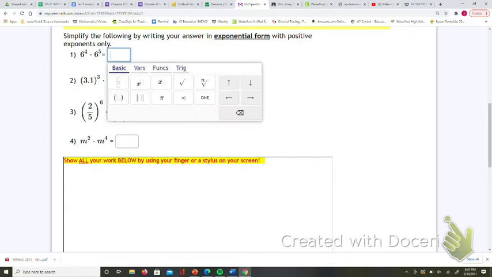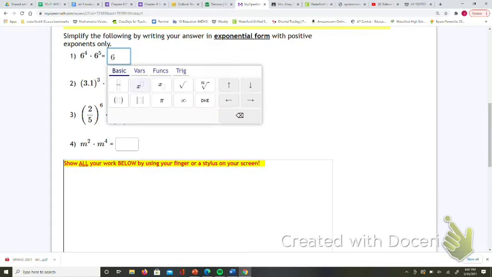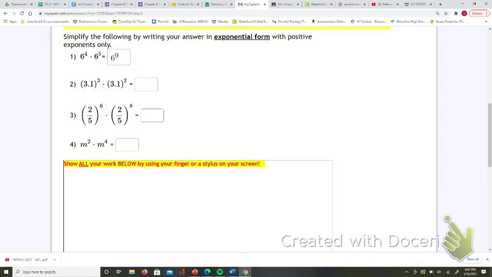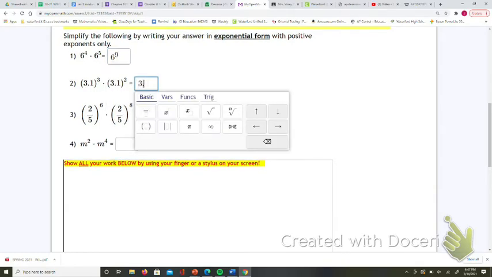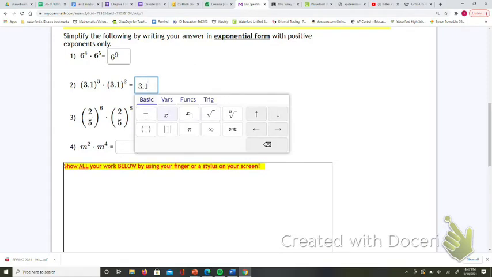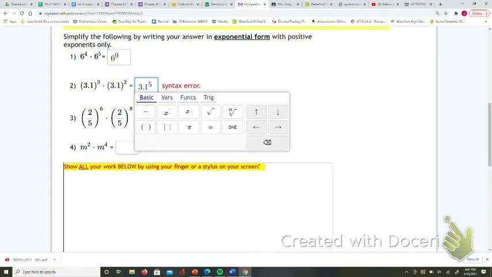So the first one was, we type 6, which is our base, then we type our exponent button, and we type our 9. Then we type in the second one 3.1, which is our base, then the exponent button, and then 5.